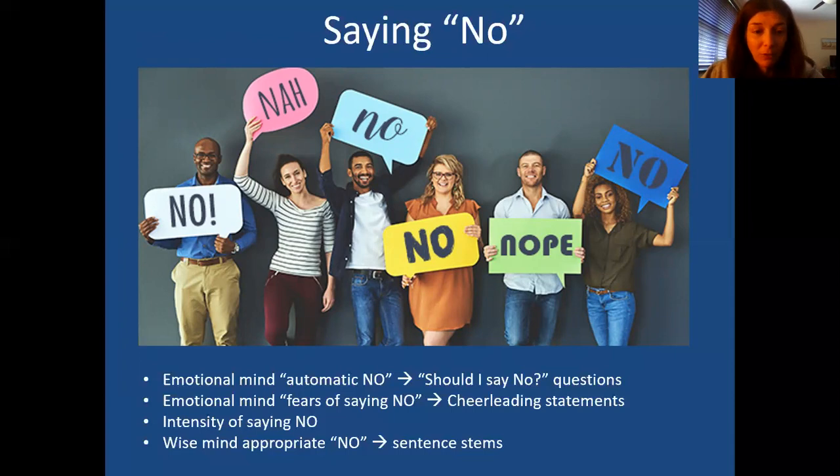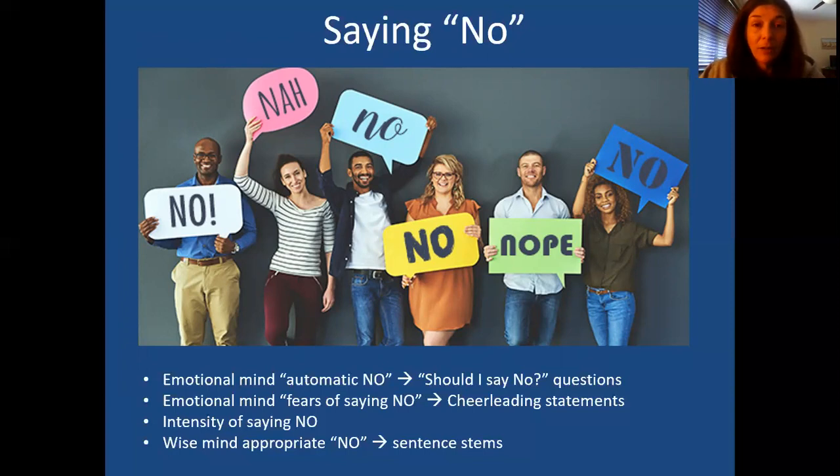So let's say the emotional mind version is when you feel so vulnerable or so fearful that you automatically say no way more than you need to, just because you feel threatened by taking on something else or by agreeing to something else. So if that's what's going on, you might need to pull back a little bit, re-examine the situation and think, all right, did I really have to say no? Could I be a little flexible? Could I maybe agree to that? And so there's a series of questions you could ask yourself in order to decide if no is appropriate or if a yes is appropriate.